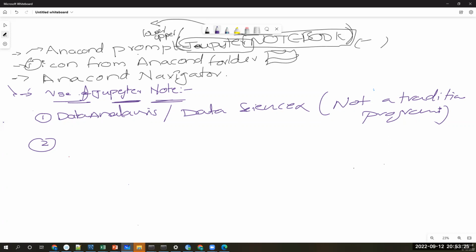The business will be very near to you, whoever you are going to work with. It's not like you develop something and send it to someone and they send it to someone else. In data analytics and data science, you have very near access to the business.